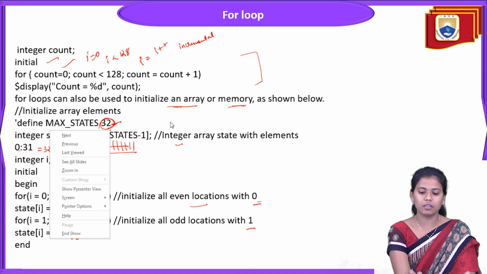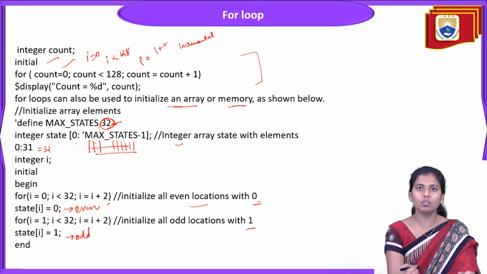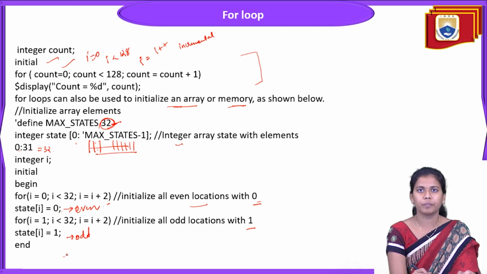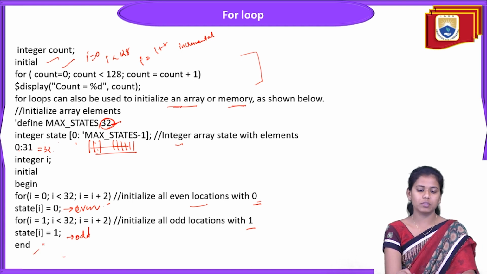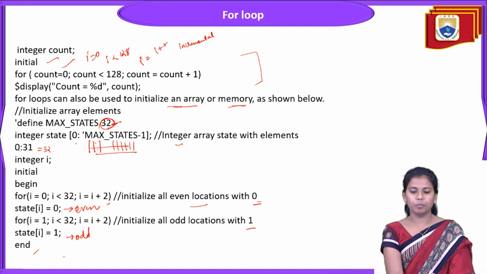As my max states are 32, what am I doing? For i equals 0, i less than 32, and I'm incrementing with i plus 2. So here, for all the even locations I'm representing with 0, and for all the odd locations I'm representing it with 1. Finally, I'm just ending the loop. This is about the for loop.